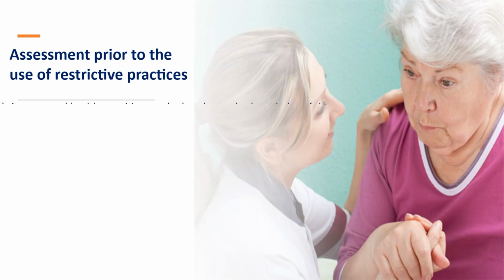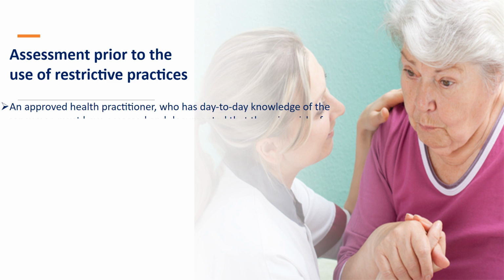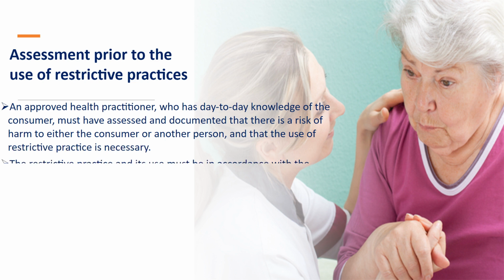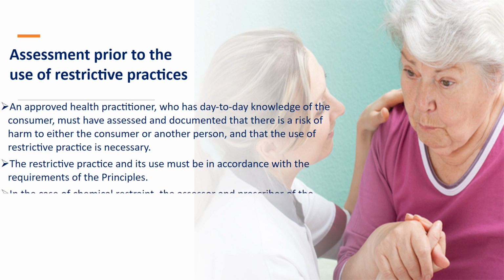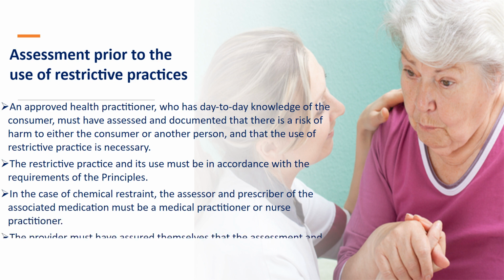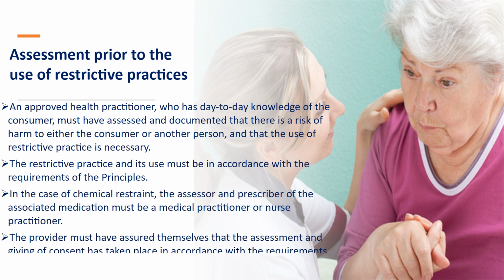Prior to using restrictive practices, you've got to make sure that a full assessment is conducted by an approved health practitioner who's got day-to-day knowledge of that particular person. So they should have assessed and documented that there's a risk of harm to either the person themselves or to others, and therefore that the restrictive practice is necessary. And that restrictive practice should be in accordance with the principles outlined.